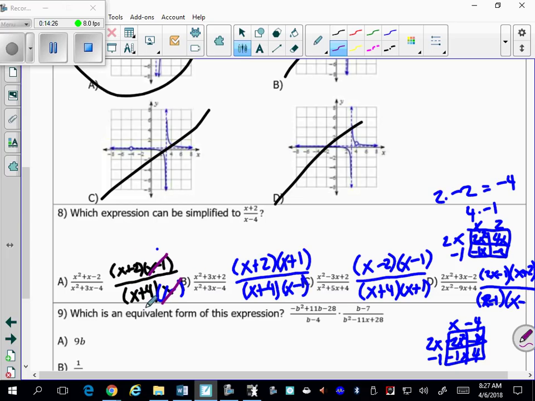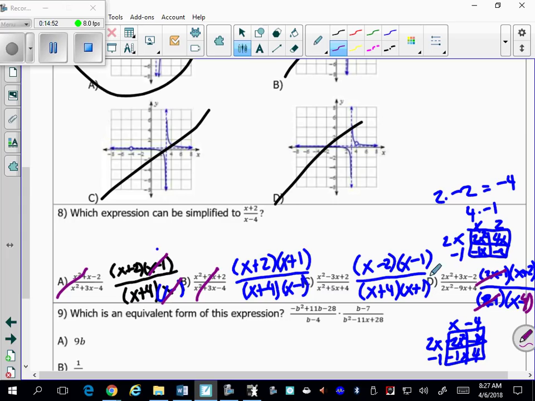We have nothing that can cancel here, so that's not an answer. B is not an answer. We have nothing that cancels here, that's not an answer. It's -4, sorry, -4, otherwise we wouldn't have an answer. So 2x minus 1, 2x minus 1, those cancel, and we have x plus 2 over x minus 4. So D is the answer.